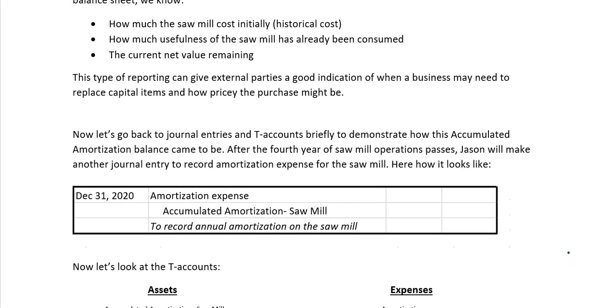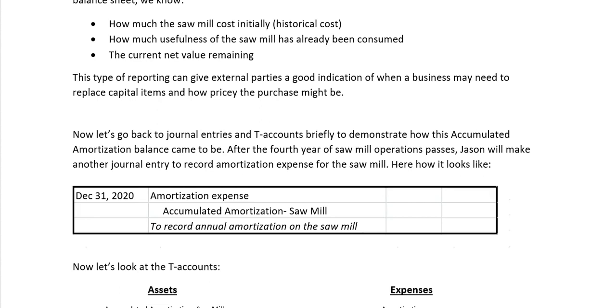Now, let's go back to journal entries and T account to briefly demonstrate how this accumulated amortization balance came to be. After the 4th year of sawmill operation passes, Jason will make another journal entry to record amortization expense for the sawmill. So this is how the journal entry will look.